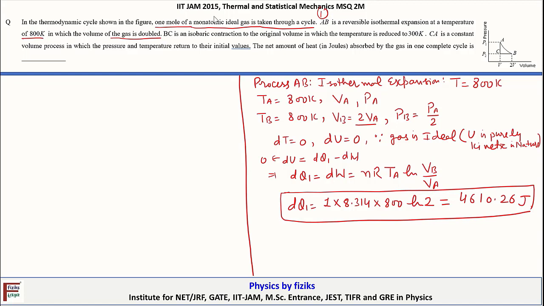Okay, so now let's take a look at the step B to C, the second part of the question. Process BC is taking place at constant pressure, so this is an isobaric process.